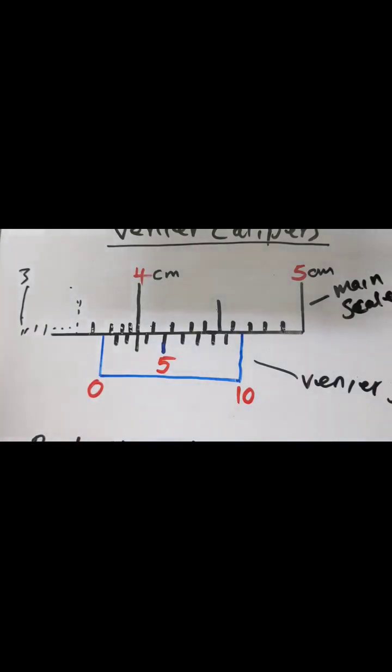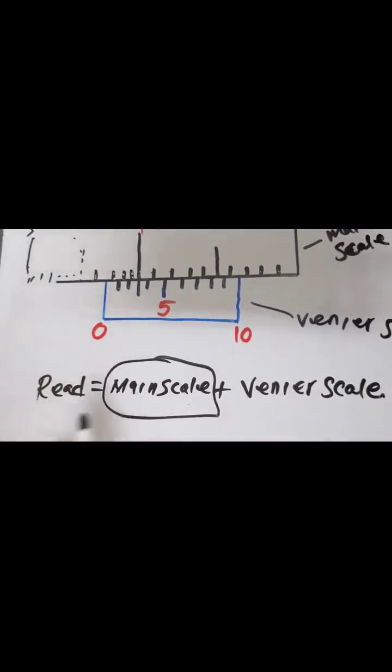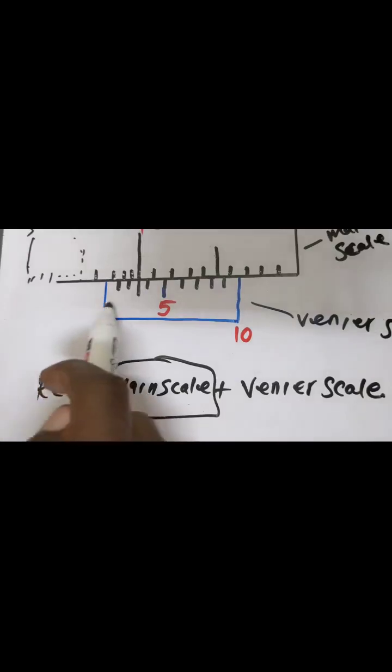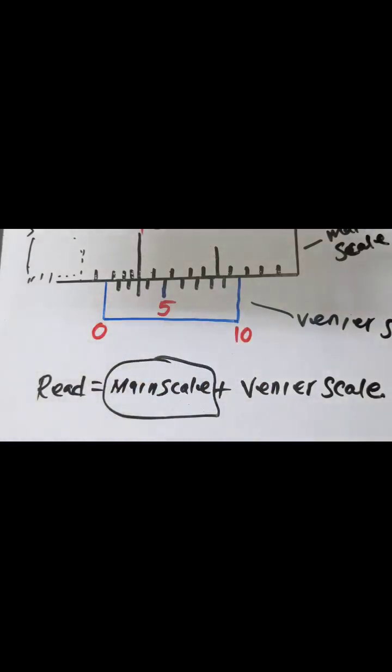So now, if you want to get the reading of the main scale, get the reading of the main scale before the 0 digit of the Vernier scale. What do I mean by that?